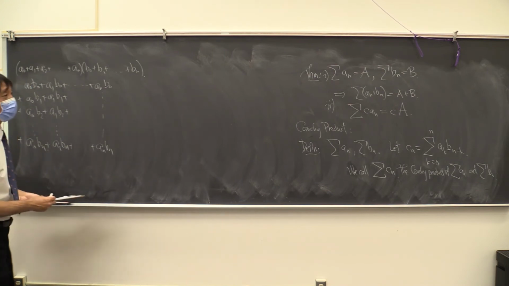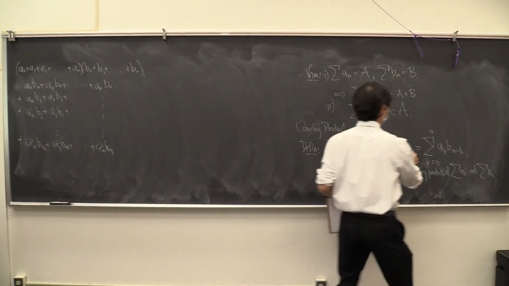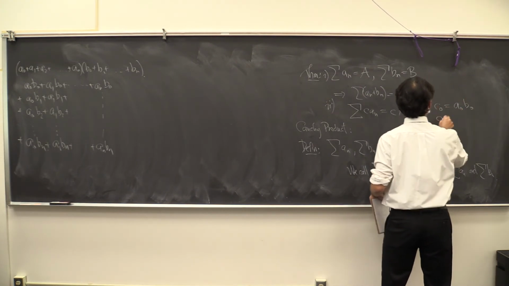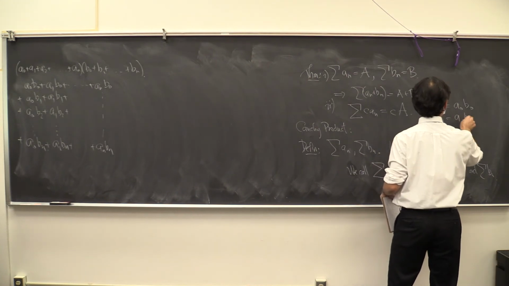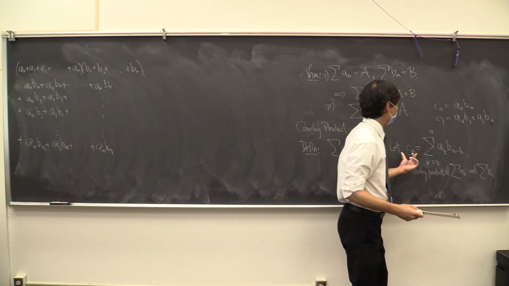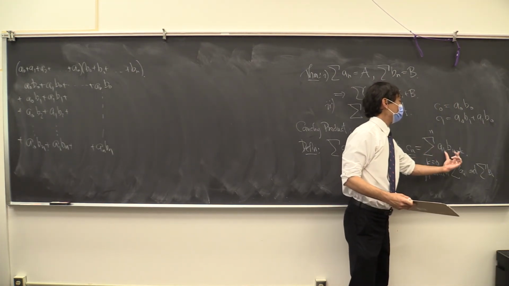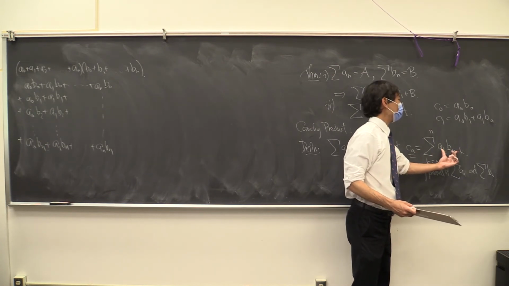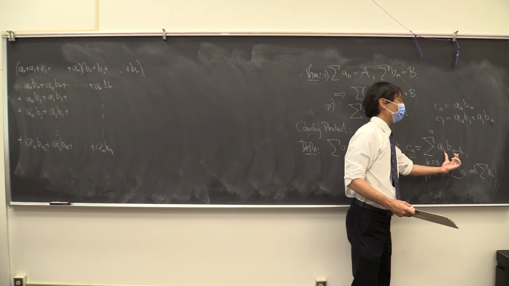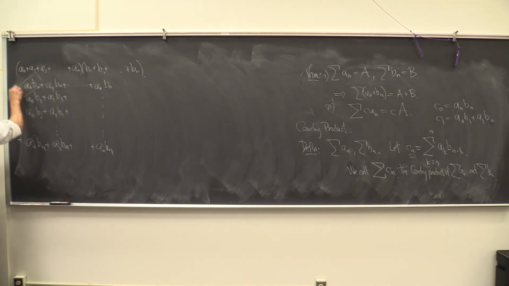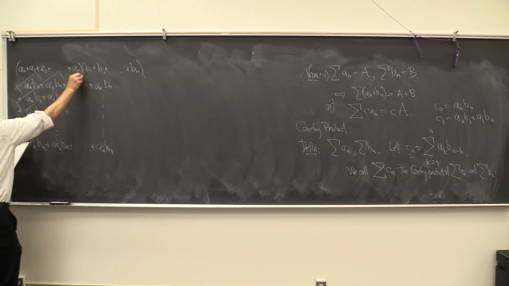Now you see what the Cauchy product is. C0 is just a0 b0. C1 is a0 b1 plus a1 b0. It's the sum of all the products where the sum of the indices is n. So C0 is this, C1 is this, C2 is this, and so on.